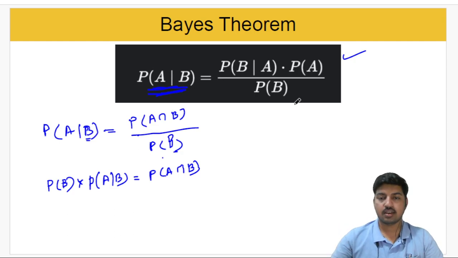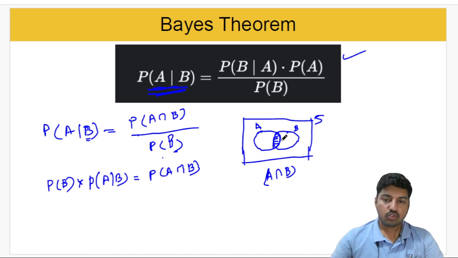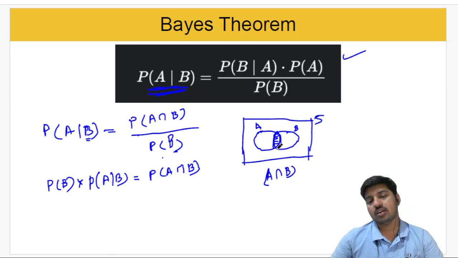If you see the diagram which we have been drawing multiple times for conditional probability, this is event A, this is event B, this is event A intersection B. So this part, the probability of A intersection B, what is the probability that B given A?